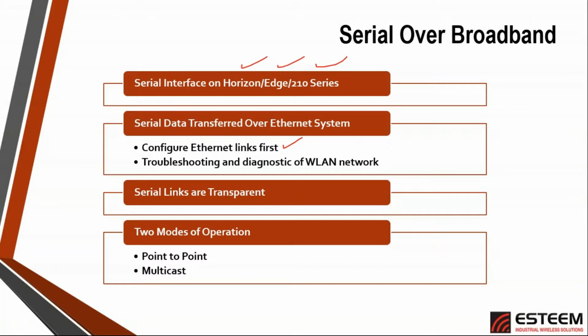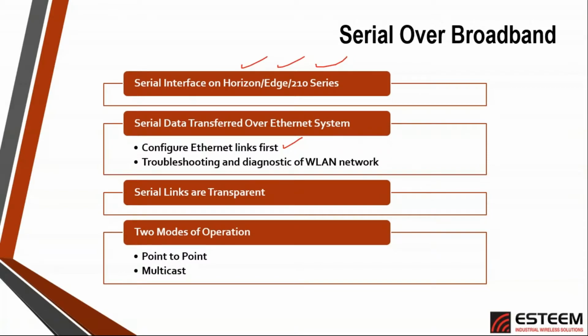In any of the modes, this RS-232 data port functions the same way. And all your troubleshooting and diagnostics is going to be exactly the same. So even if you have a strictly serial network running on the Horizon, Edge and 210 series, you're going to do all your troubleshooting as if it were a wireless LAN network. There are no changes to it. So it makes it very simple that way.